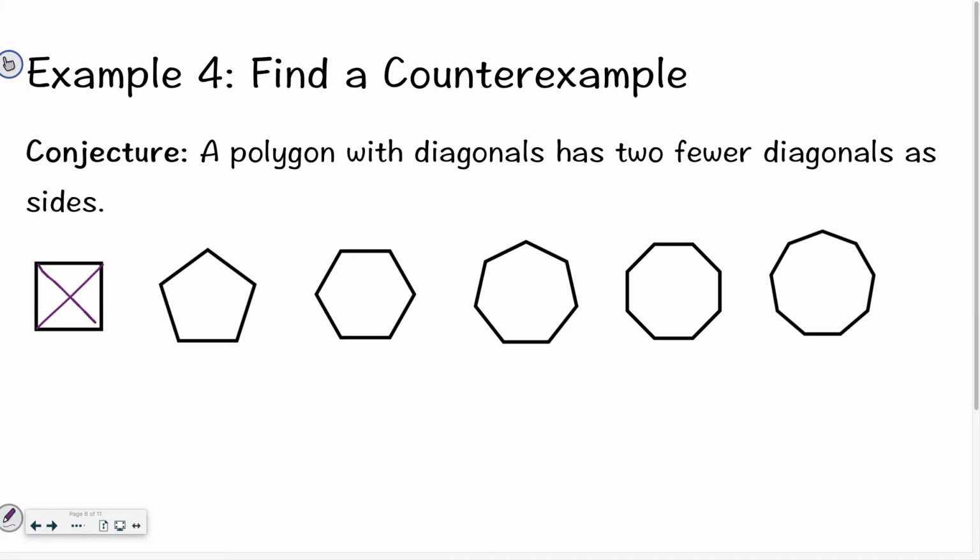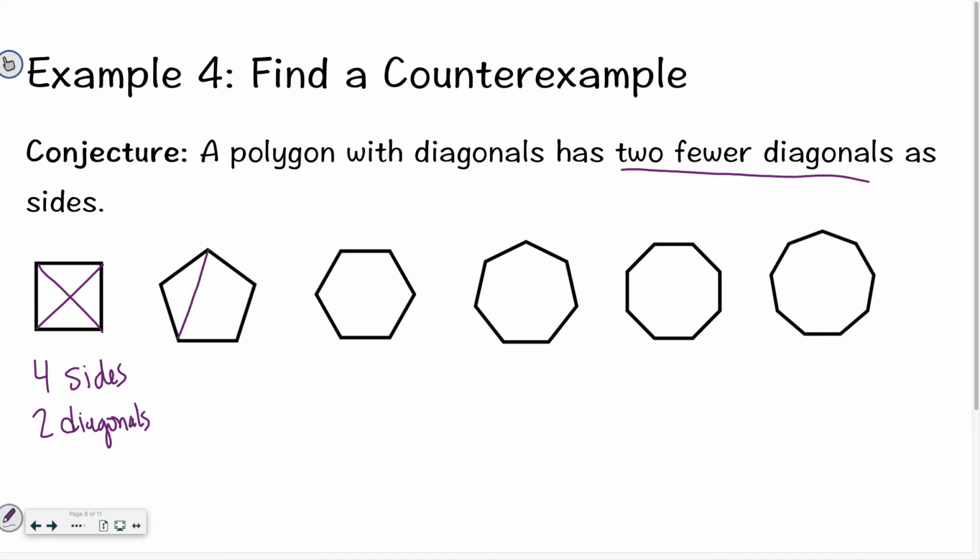On this 4-sided shape, we have 2 diagonals. The square is not a counterexample because 2 diagonals, 4 sides, that's 2 fewer diagonals than sides.